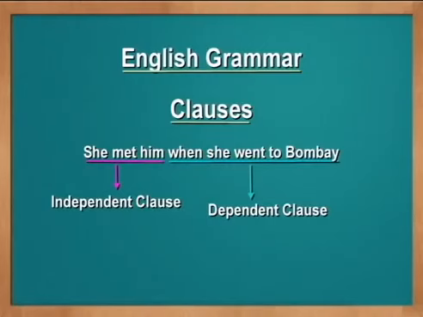"She met him" is the independent clause, and "when she went to Bombay" gives added information about "met". So, this is a dependent clause that helps the verb "met". Hence, this is an adverbial clause.